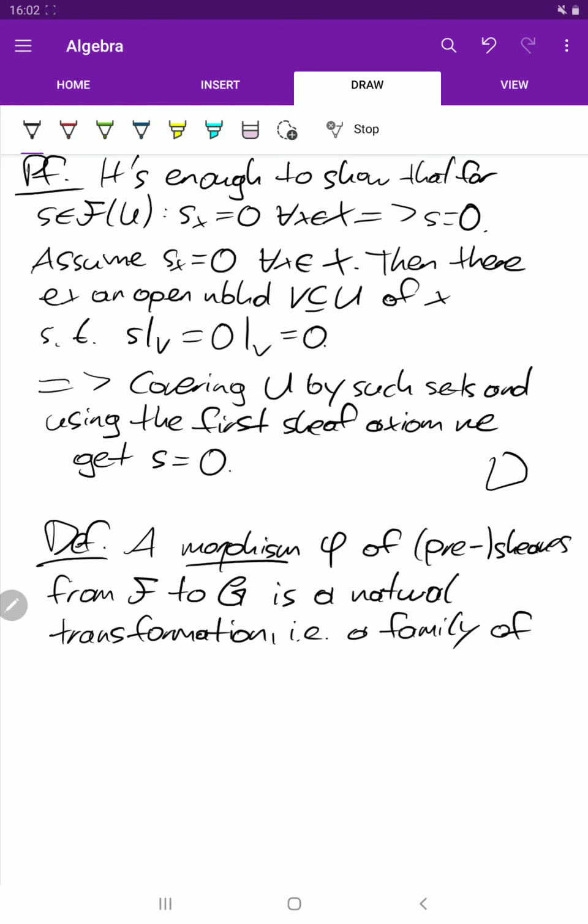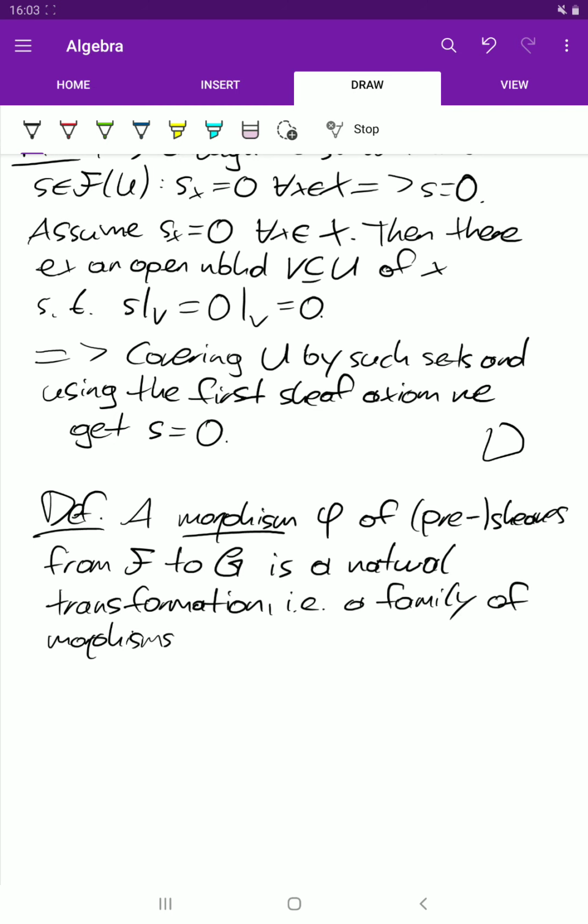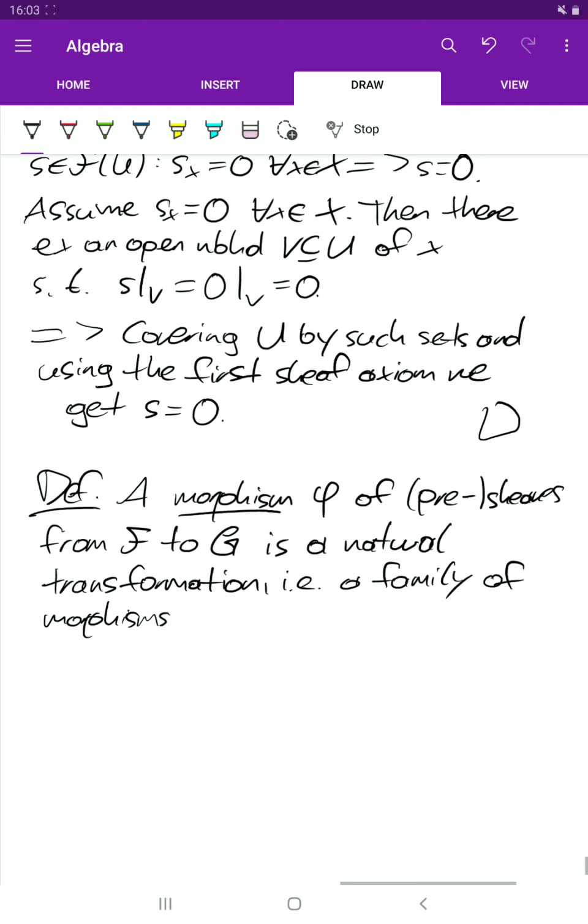So this is a family of morphisms, so this could be homomorphisms of groups, or in whichever category the sheaf is. So if it's a sheaf of abelian groups, then it's a family of homomorphisms of abelian groups, and so on. So of morphisms phi_U from F of U to G of U for U in X open.